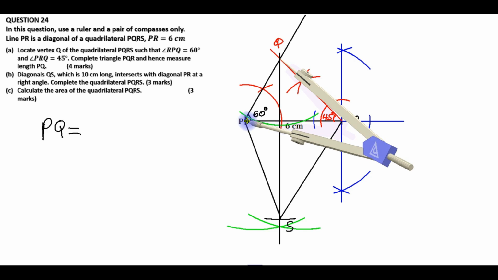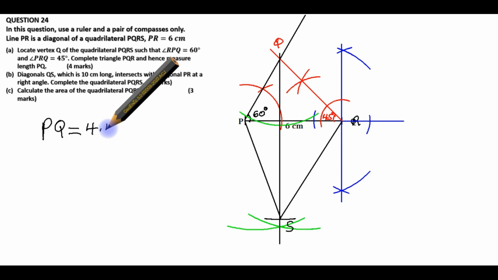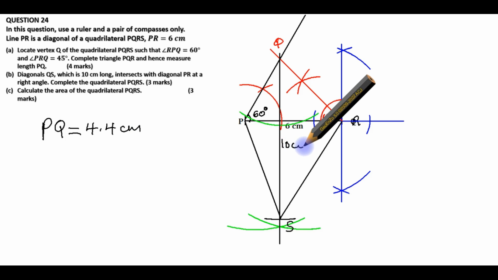So I'm getting 4.4, that is 4.4 centimeter. The other value, QS, was actually 10 centimeters, that's why I've just written it there.